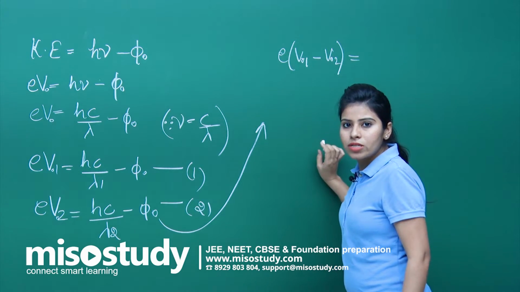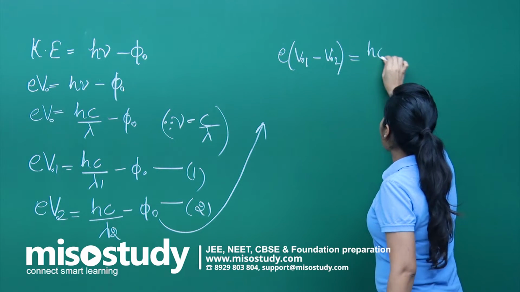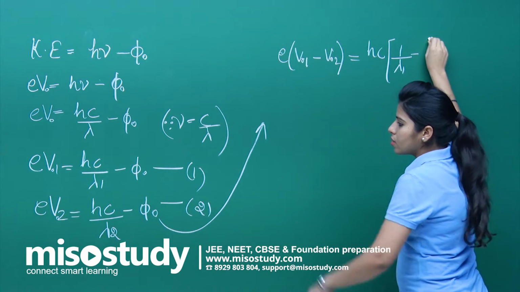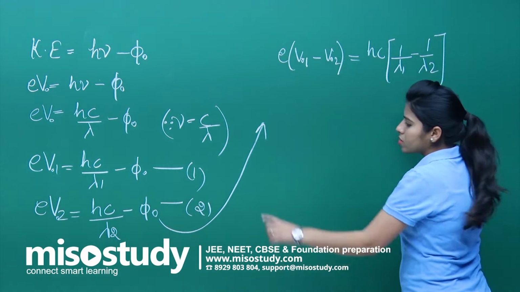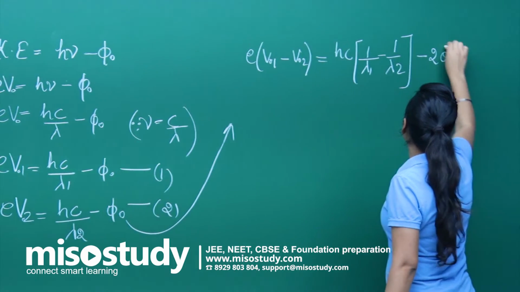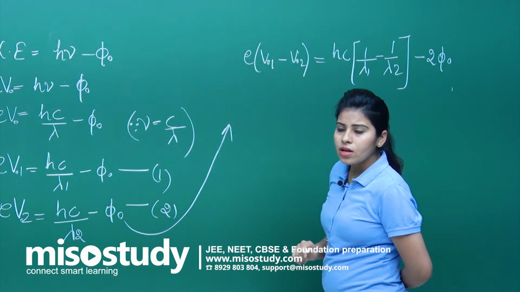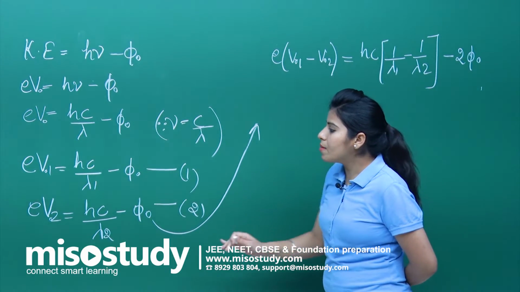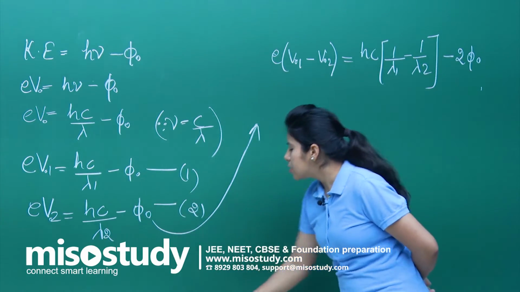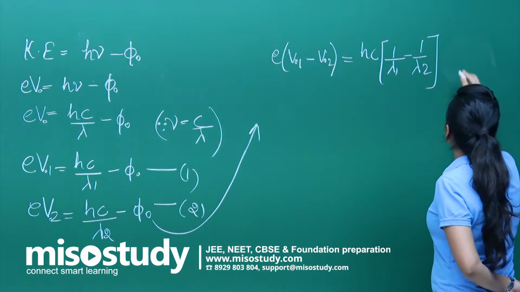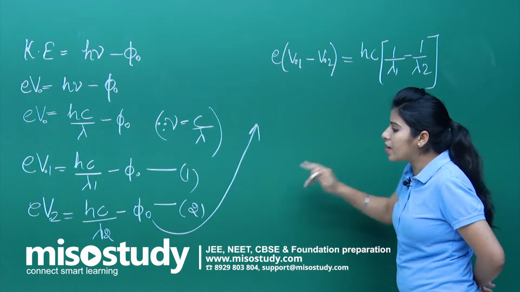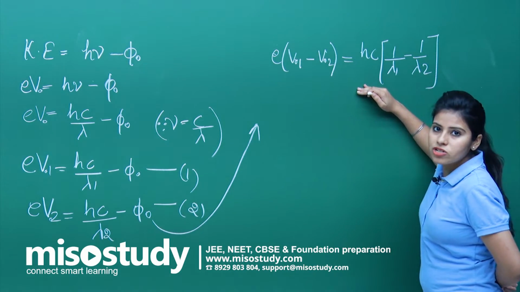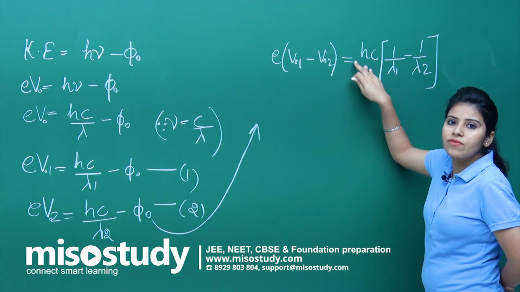This will be equal to hc times 1 by lambda 1 minus 1 by lambda 2, since hc is common, and the phi naught terms: since phi naught and phi naught are equal, when we subtract they will not add, they will be cancelled out. So now I have this equation, and from here you have to find the value of h.